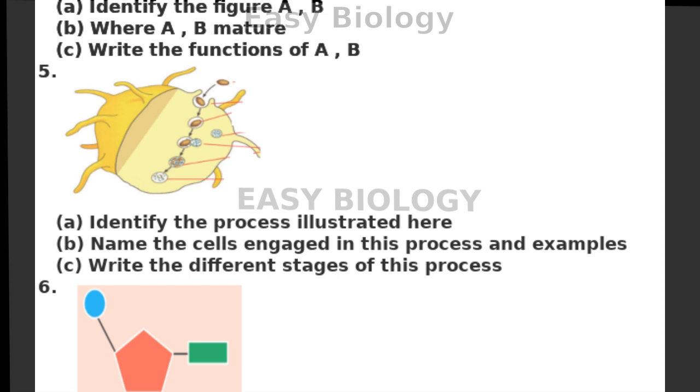Question C. Write the functions of A and B. The functions of B lymphocytes: destroy the bacteria by disintegrating their cell membrane, neutralize the toxin of the antigens, destroy the pathogens by stimulating other white blood cells.